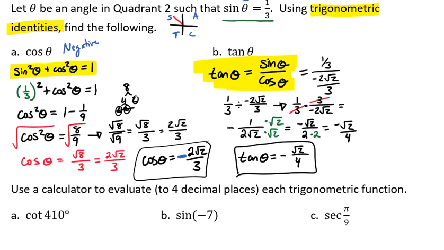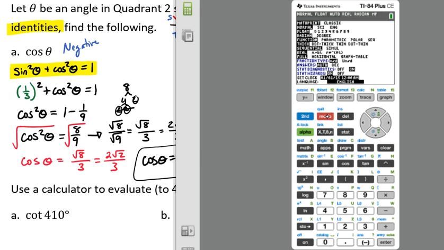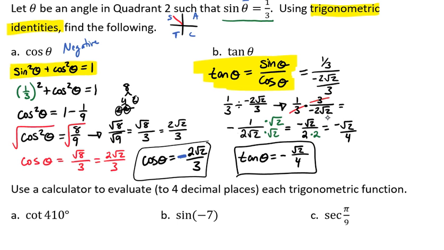You can do that by hitting the word mode on your calculator, like so. And I can arrow down and arrow over to the word degree, highlight it, hit enter, and that will put me into degree mode. Then, as I'm ready to go into my cotangent, I have to remember that cotangent is actually a reciprocal of tangent.